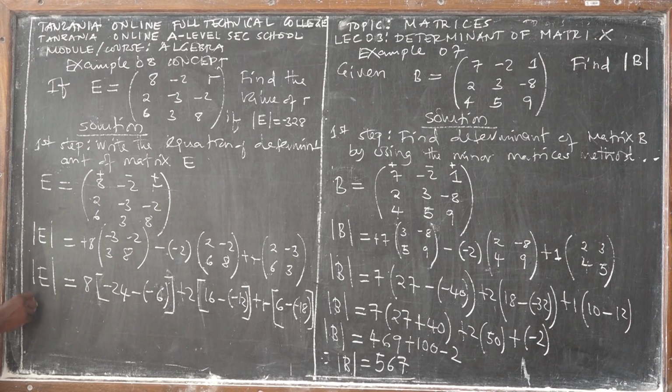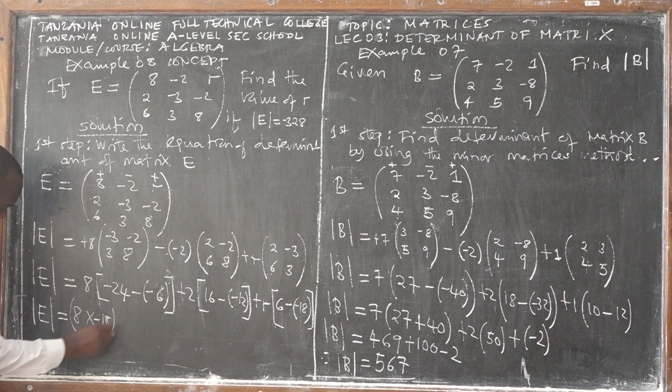So then we say that the determinant of matrix E is equal to what? 8, negative times negative 6, positive 6. So negative 24 plus 6? Negative 18. So here we are going to have 8 times negative 18. Right? Plus 2.